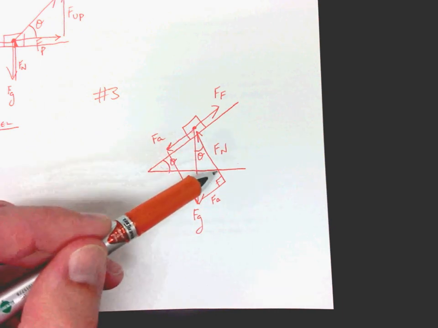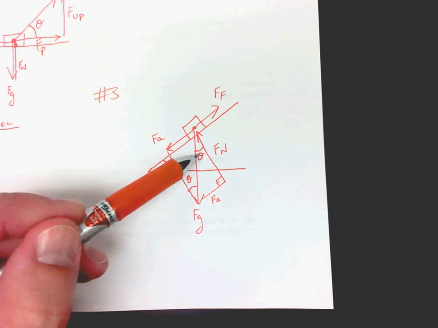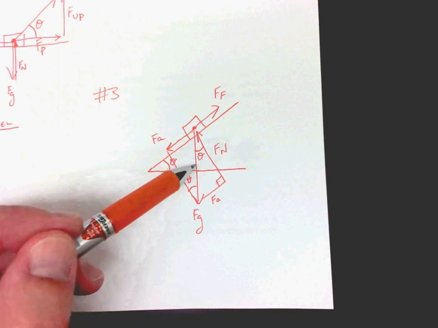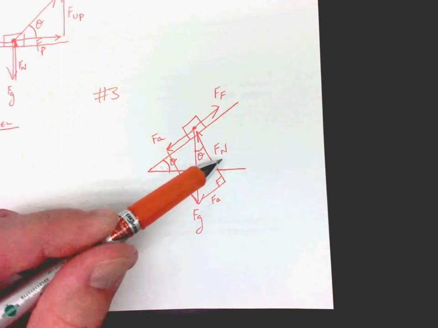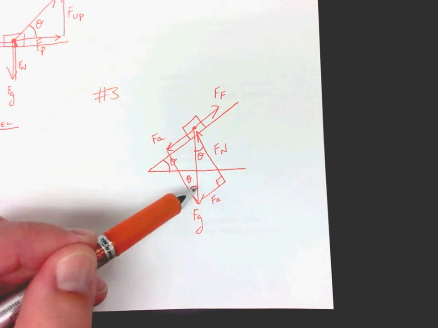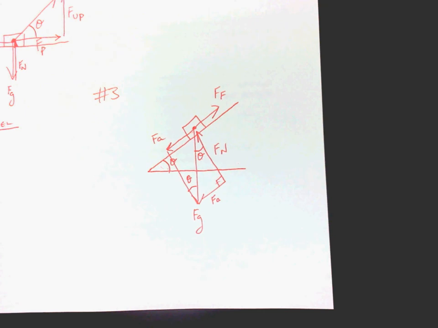Or you might know FG and your angle and be able to do sine and solve for FA. Or if you know two of these sides, like FA and Fn, you can run Pythag and solve for your third side. You've got all kinds of options, which is nice with the triangle that's there. So anyway, that's that.